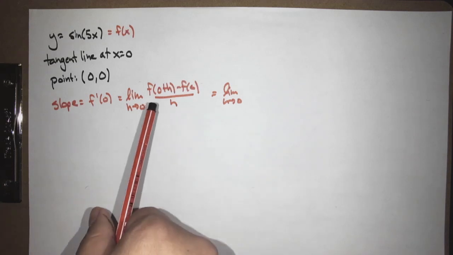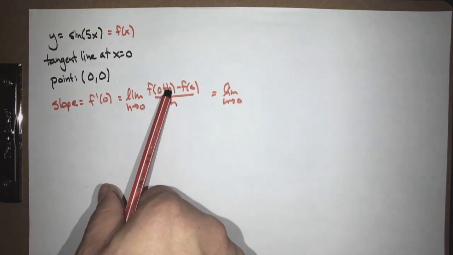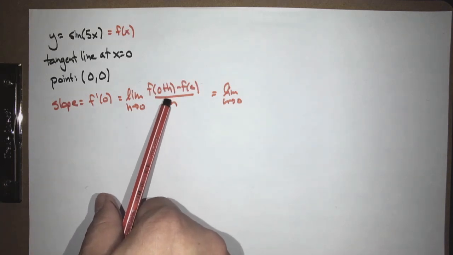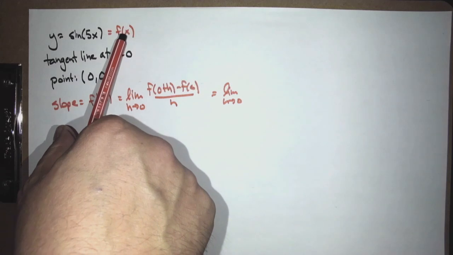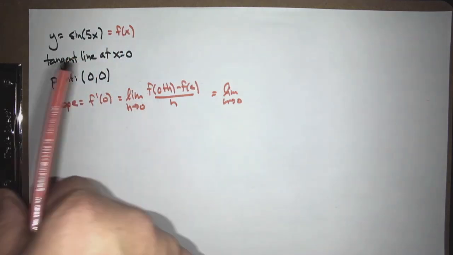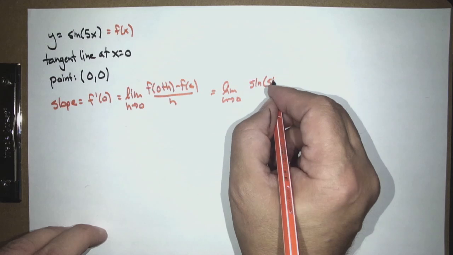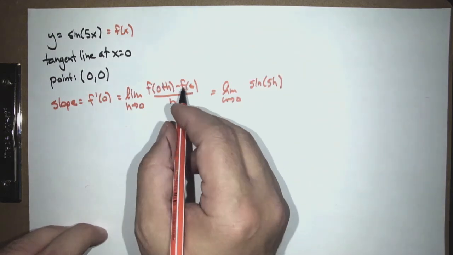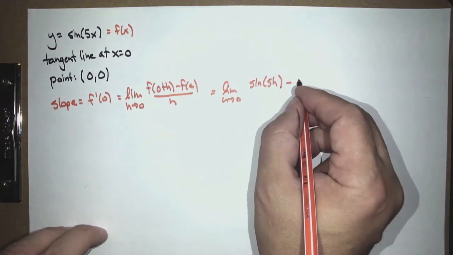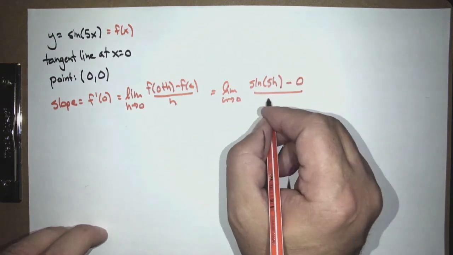Yeah, well, you can even simplify it. I know that 0 plus h is just another way of saying h. So now, if f of x is sine of 5x, f of h is sine of 5h. F of 0? 0. And downstairs we have h.